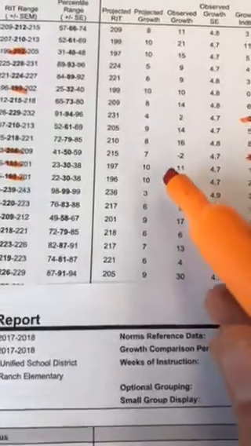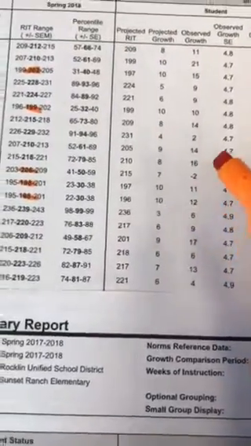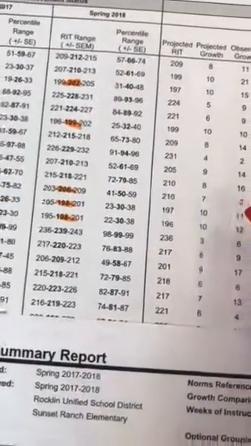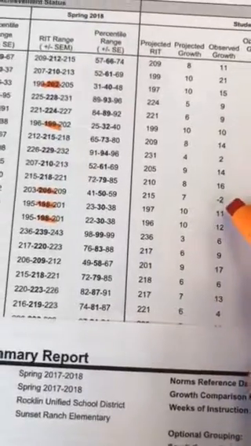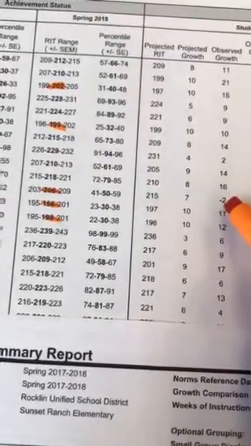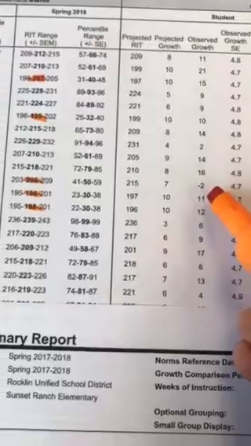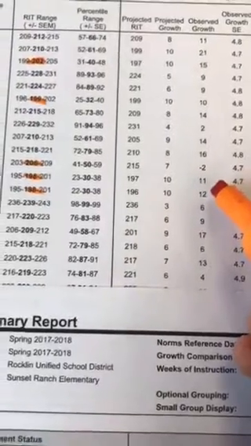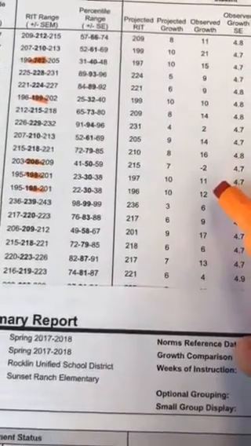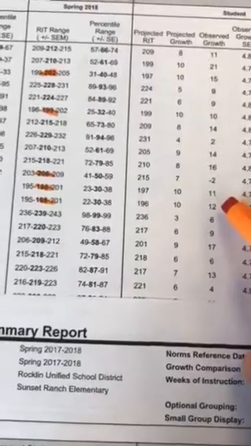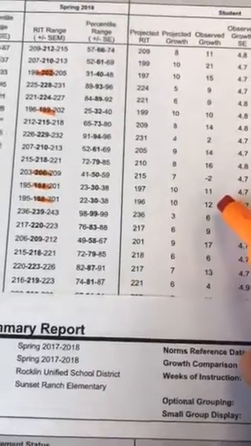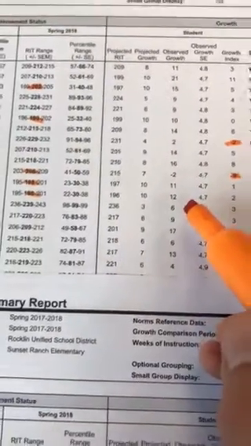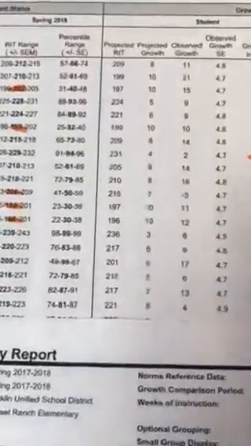Here's a kid who is at 206, which is close to standard, and is making growth, but not as much as we predicted. So not so worried. Two kids at 198 who've exceeded their growth. Again, not at grade level standard, but making really strong growth. So far, I'm not seeing a child that I'm super concerned about.